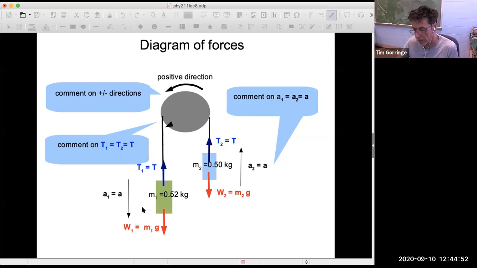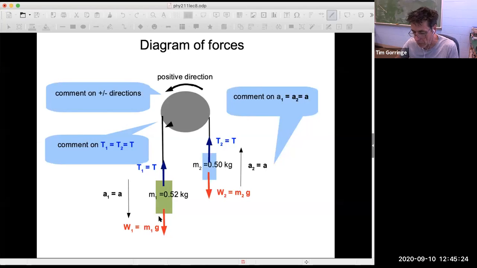One final comment. When I turn this picture into equations for these forces, I need to pick a direction as the positive direction. And this is how we do it on a pulley. Look, the mass on the right is going to climb up towards the pulley. The one on the left is going to fall down away from the pulley. We denote that counterclockwise rotation around the pulley as the positive direction.